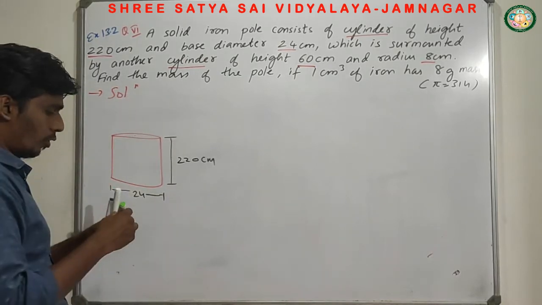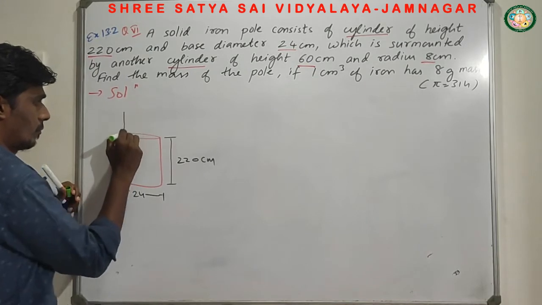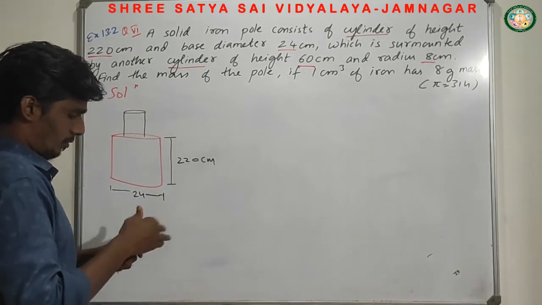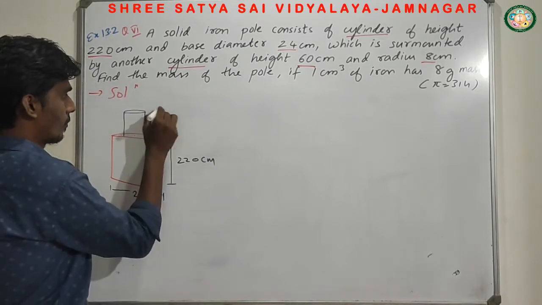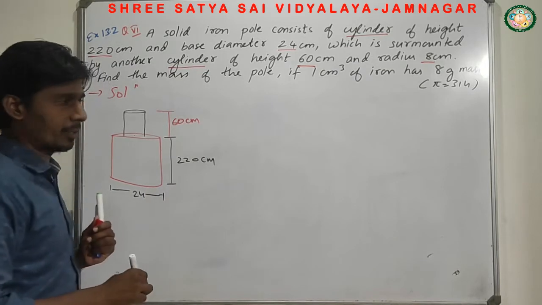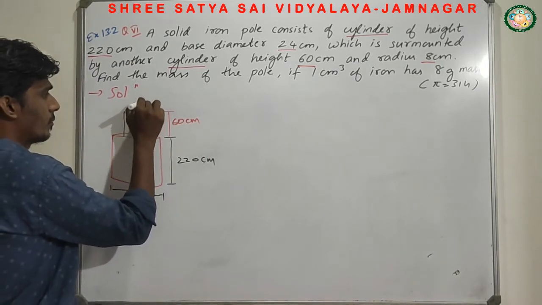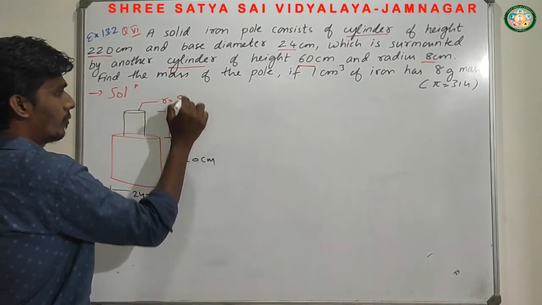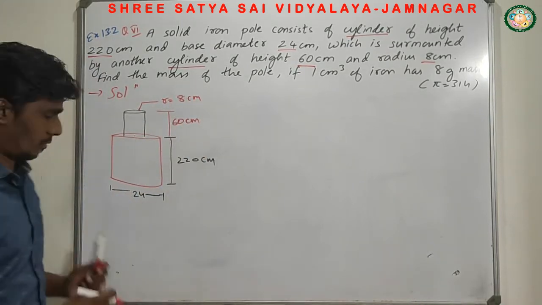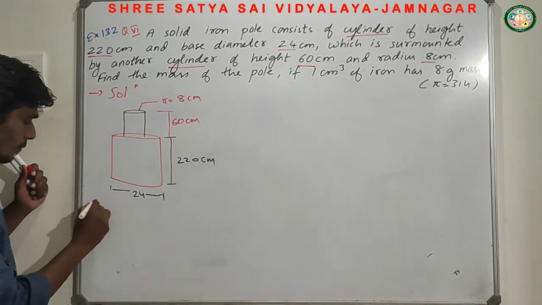Now above it one more cylinder is there. The height of this one is 60 centimeter and its radius is 8 centimeter. So from this data we will find out the data for both cylinders.